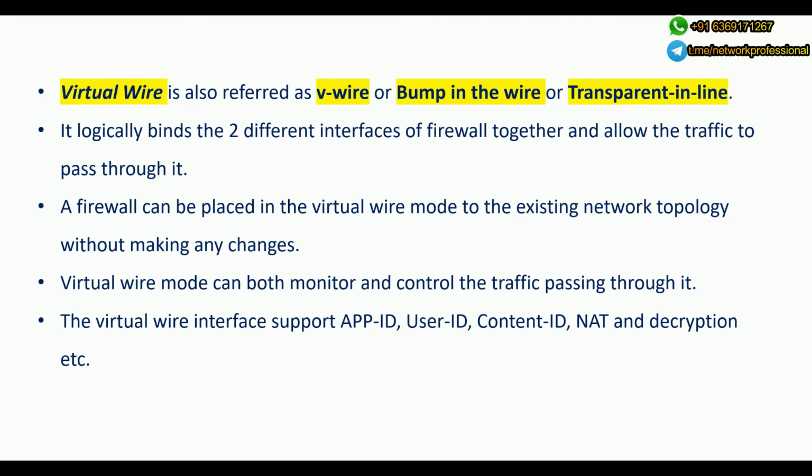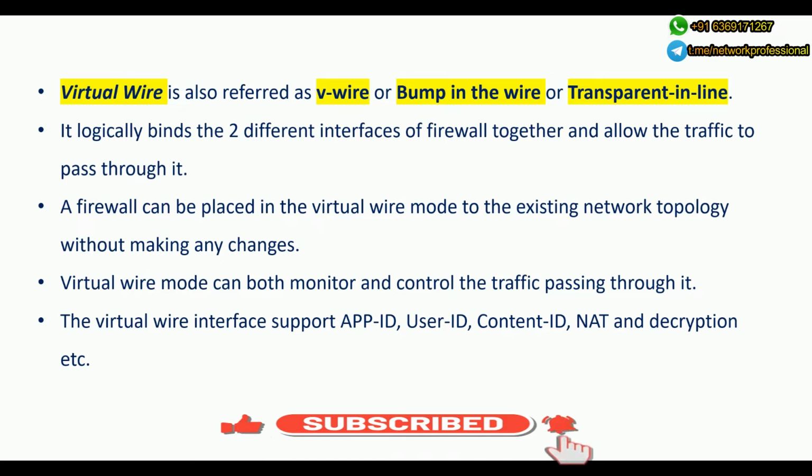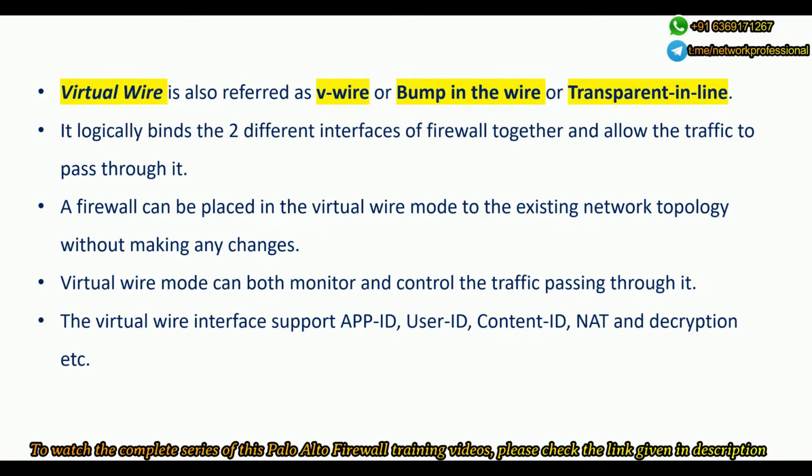It is also referred to as bump in the wire, transparent inline, or the transparent firewall. What it does is logically bind two different interfaces of a firewall together and allow the traffic to pass through it.